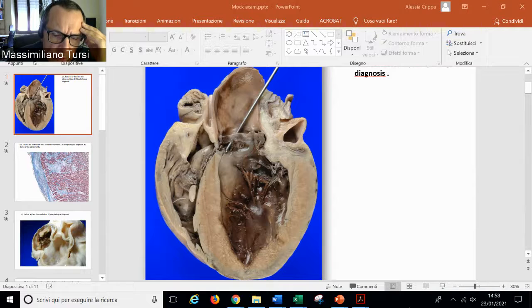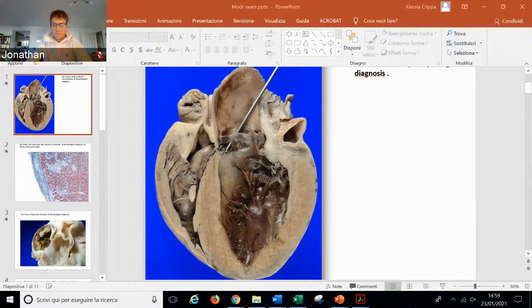Of course, there is an ulcer because there is the necrosis. From a formal point of view, it's better if you use in this lesion ulcerative or erosive endocarditis. But the concept is correct. Okay, thank you.